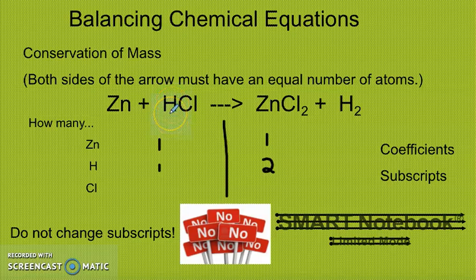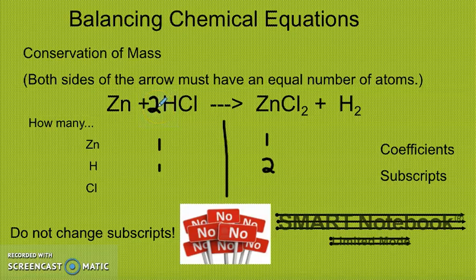How can we get 2 hydrogens on this side? Can we just put a little 2 subscript down here? No, no, no, we cannot just do that. The only thing we can change is the coefficient. So what we can do is put a 2 here, and we have 2 HCl hydrochloric acid molecules. That's the thing we can do.